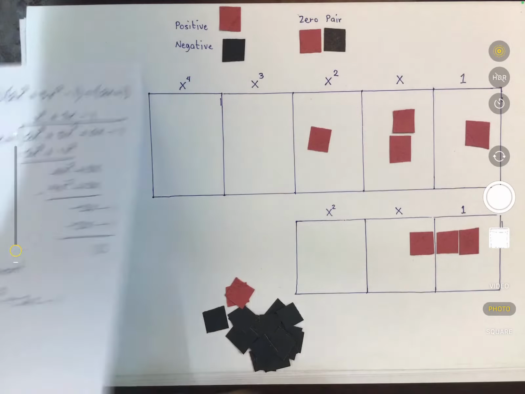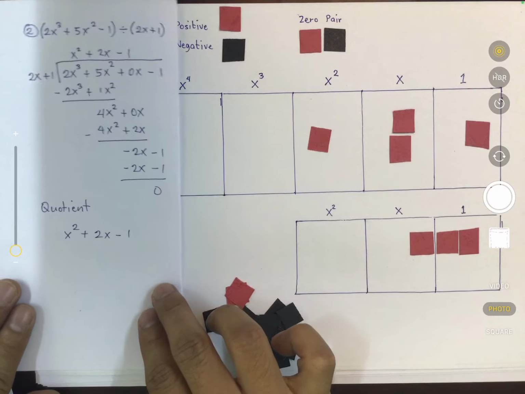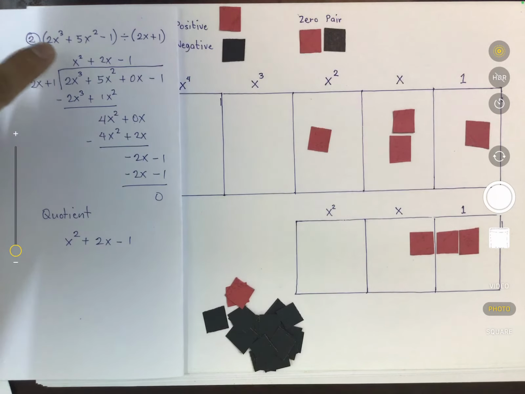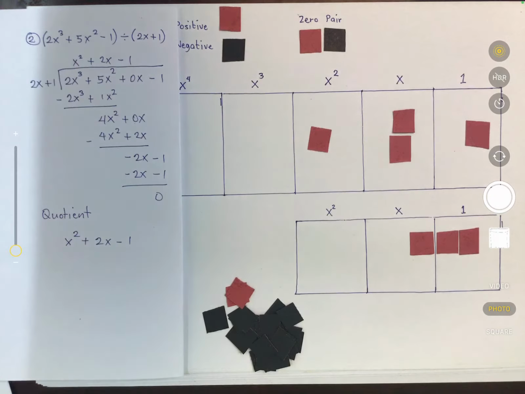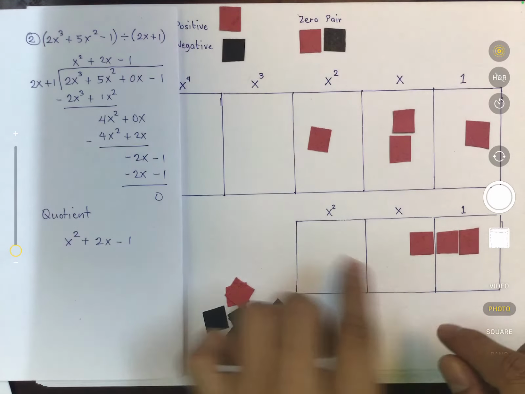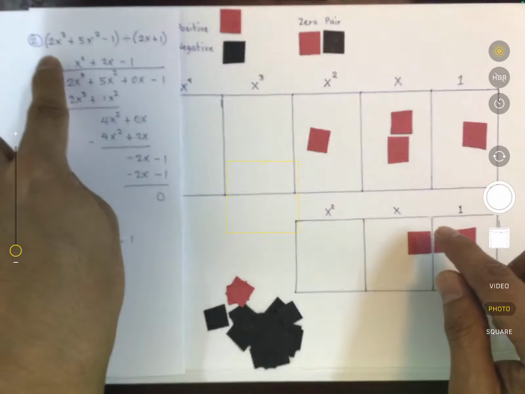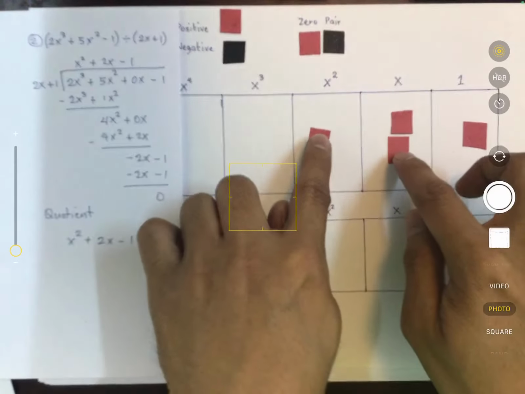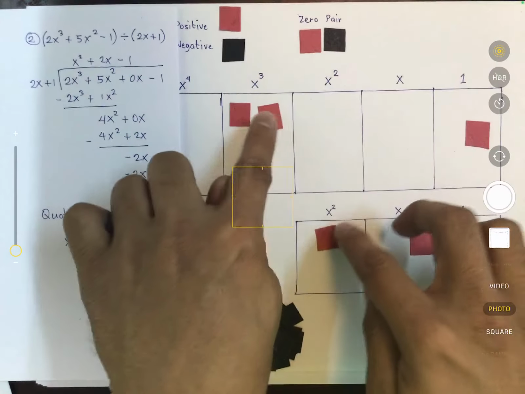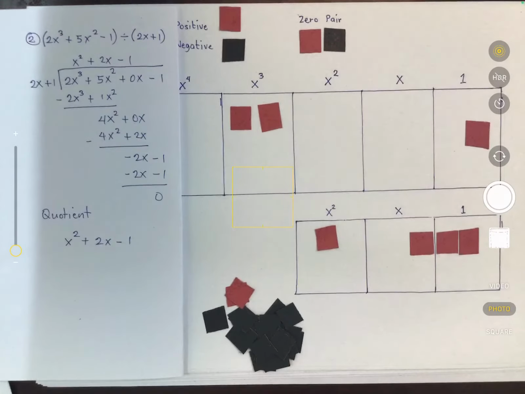In our given number 2, 2x cubed plus 5x squared minus 1 divided by 2x plus 1. So let us first represent our dividend. So we got here 2x cubed. So this is our x cubed box. So we have 2 tiles to represent the 2x cubed.